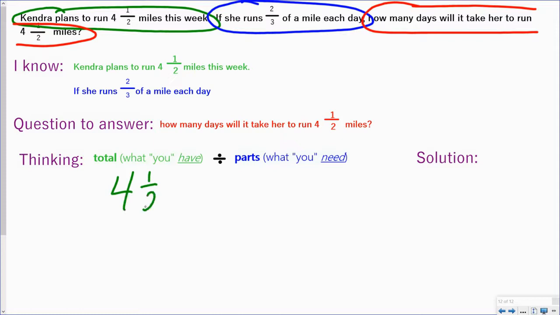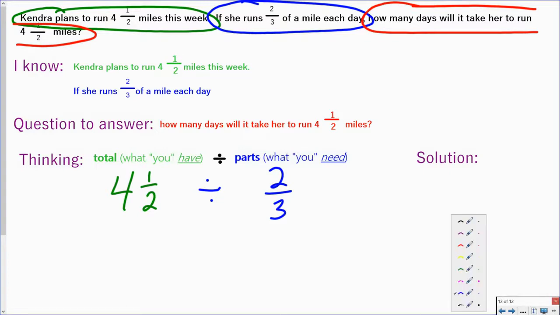So 4.5 is my total. And then she wants to run 2/3 of a mile each day. So that's my part. So one day she's running 2/3, the next day she's running 2/3, and so on. So I'm taking my 4.5 and dividing it into the 2/3 that she's running each day to figure out how many days it's going to take.